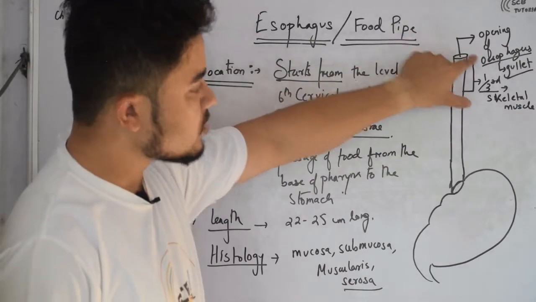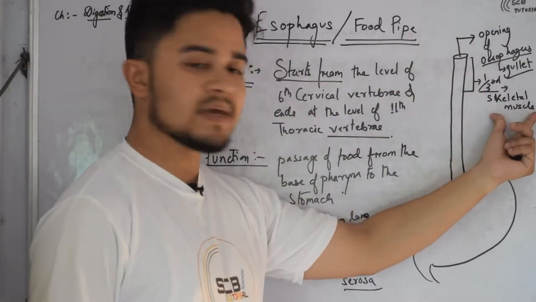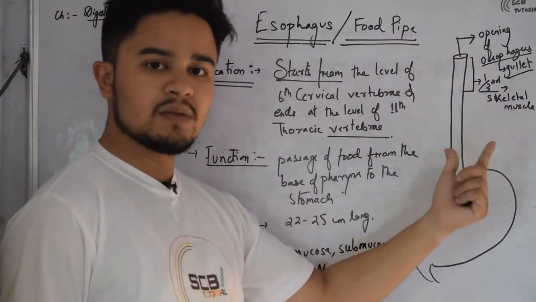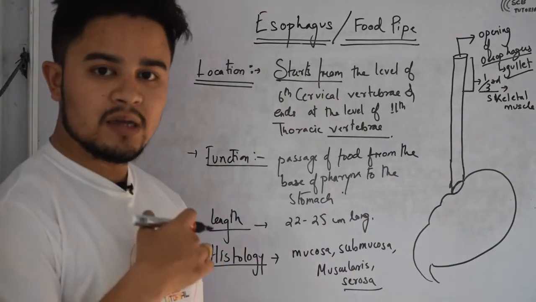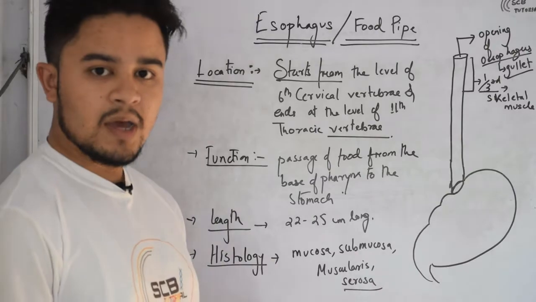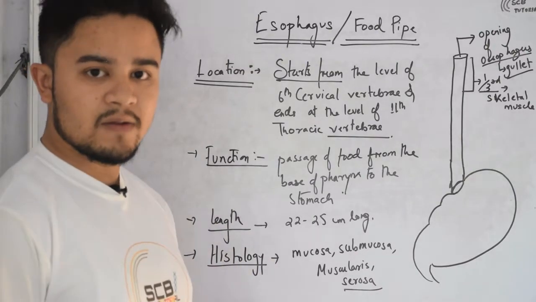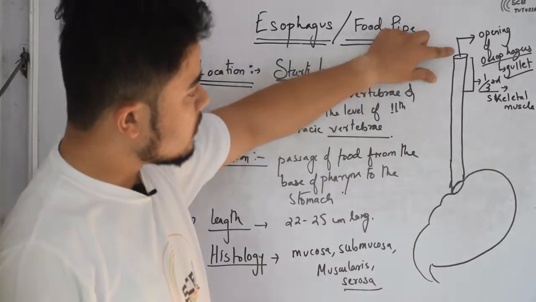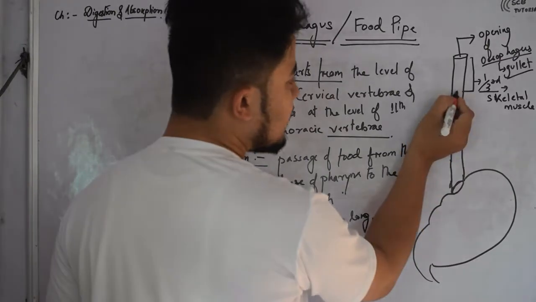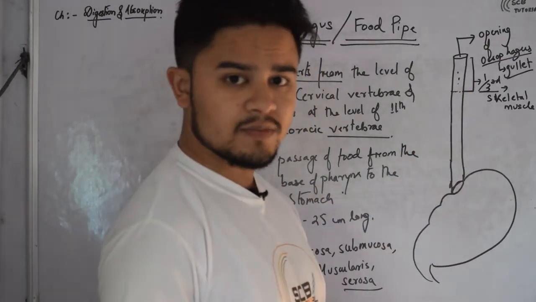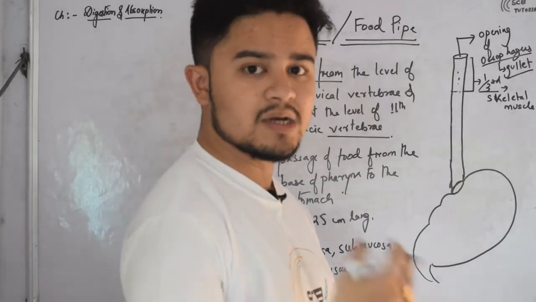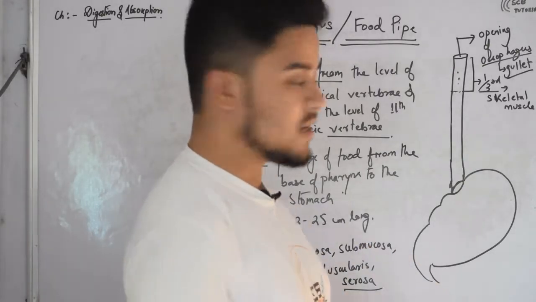The upper third region is made up of skeletal muscle, and we know that skeletal muscles are voluntary muscles. Therefore, if we take in some food and want to regurgitate it, we can regurgitate it until the upper third region of the esophagus. If it crosses the upper third region, it will be very difficult to regurgitate the food that we have taken in.